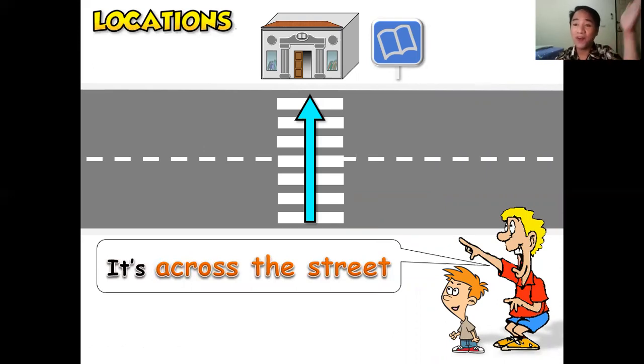Don't forget the answer, it's across the street. If you are going to cross the street and the place is located on the other side of the street, you have to answer, it's across the street. That's how you answer.